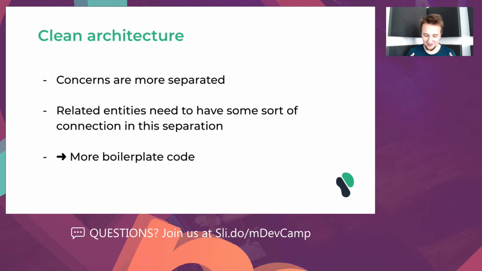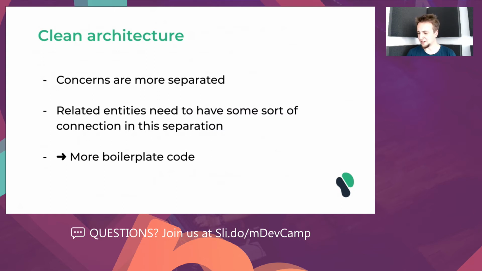But as the architecture gets cleaner and concerns get more separated, the separation needs to be handled by some type of connection. And this connection is usually a lot of boilerplate code, which, again, do we want to write that? No, we definitely do not want to write that.